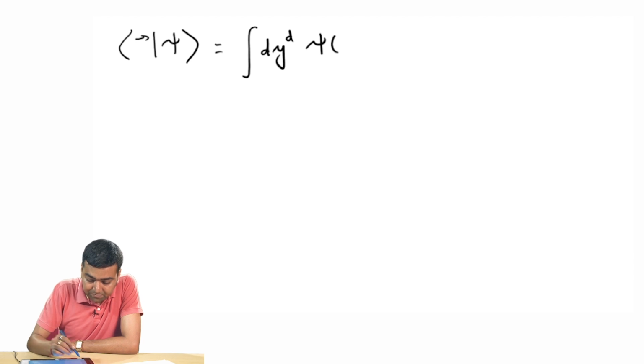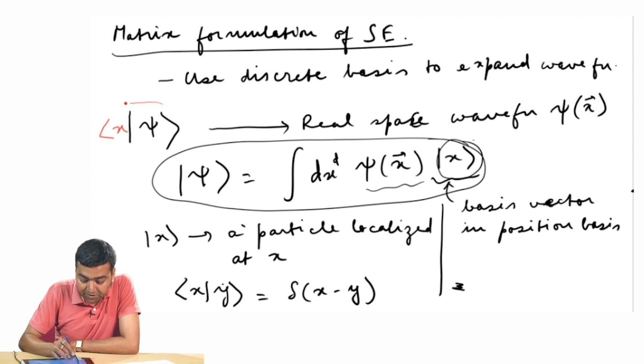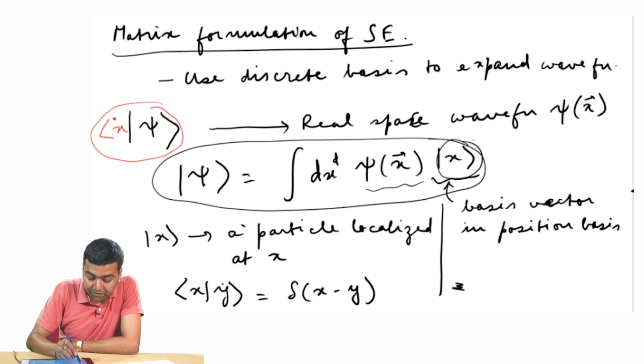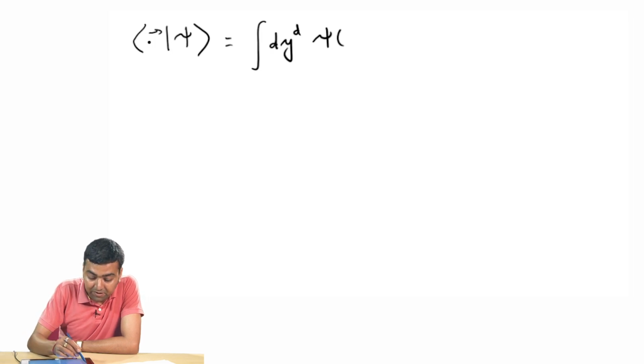If I now try to compute this quantity, this vector will operate on this one, but since we are projecting it on x, this integral we have to do over y. So we use a different position basis: instead of representing it as x, we represent it as y.